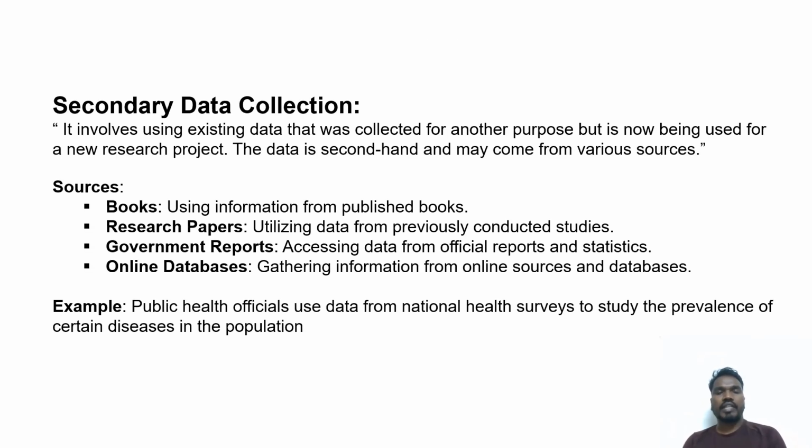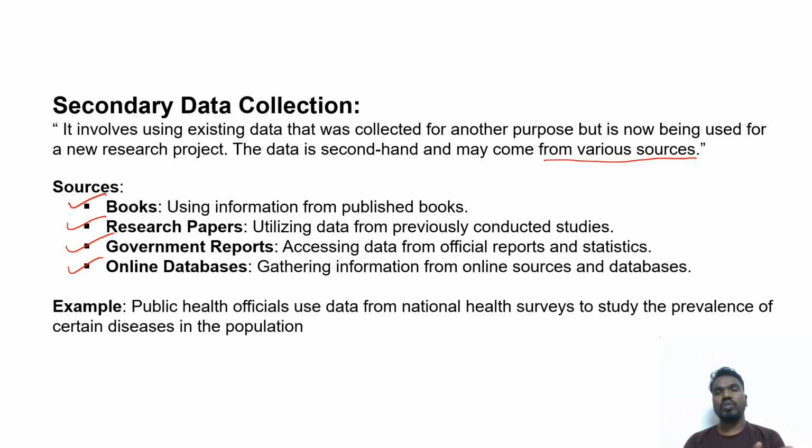And the second way is, suppose you need some information which cannot be collected directly, right? At that time, we get such data from various sources. You are not directly involved; instead you are getting the required data from various sources such as books, research papers, government reports, online databases.